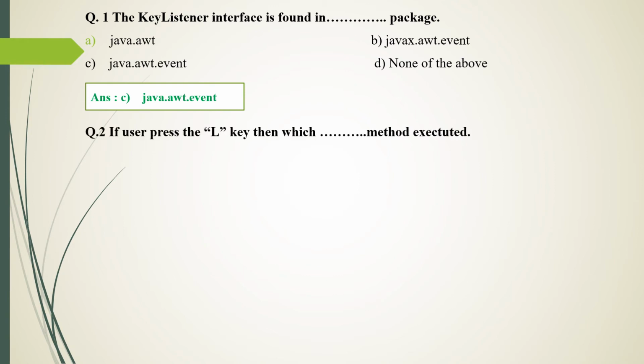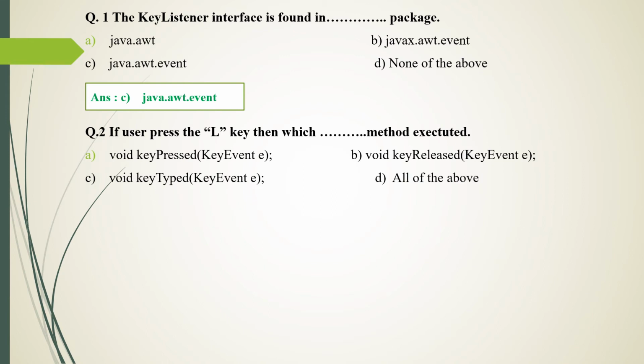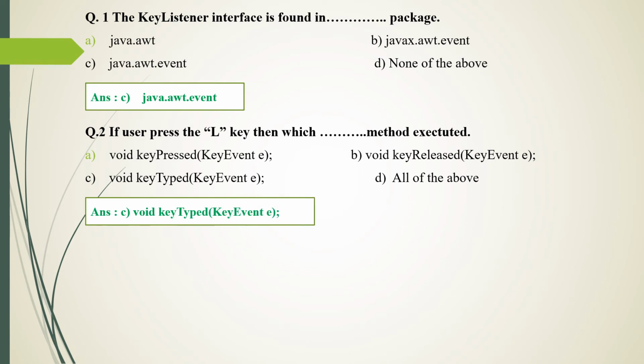Next question is, if the user presses the L key, then which method is executed? Options are: first, void keyPressed; second, void keyReleased; third, void keyTyped; and last, all of the above. So the answer of this question is option C, void keyTyped.